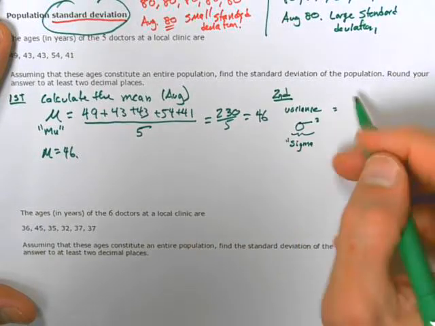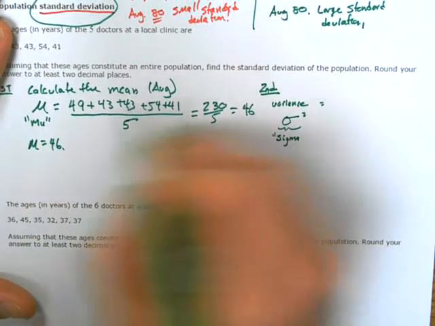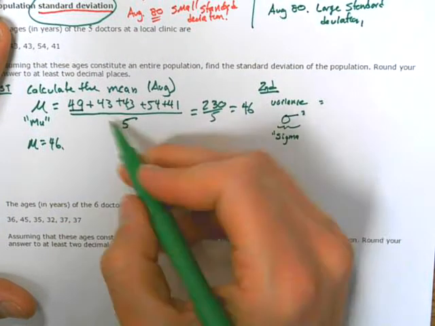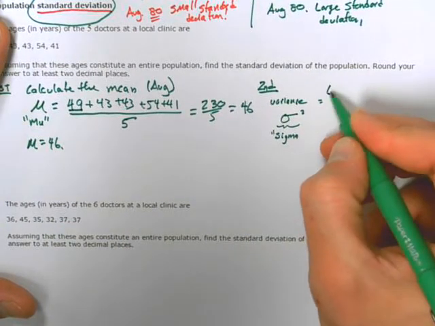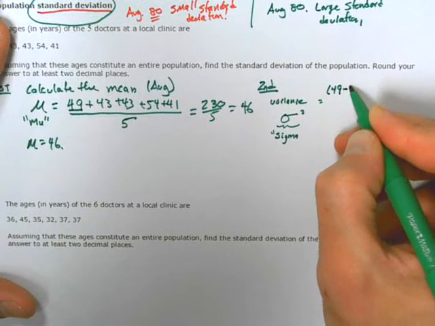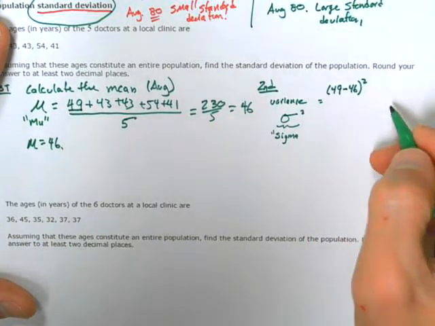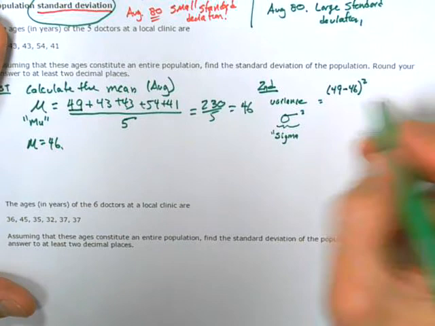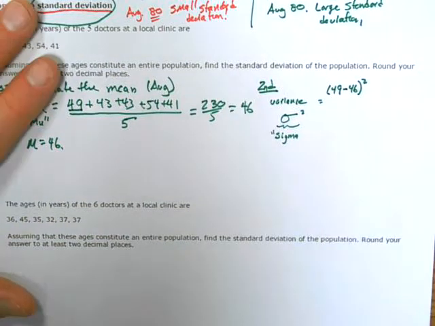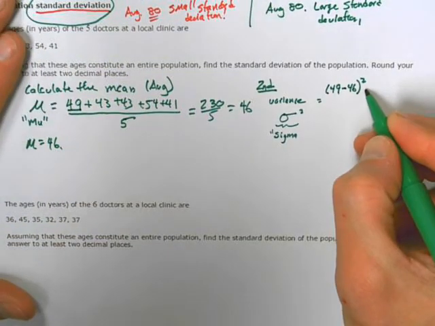So I'm going to take each data value and subtract it from the mean. So it's going to be 49 minus 46, and then I'm going to square that difference so that the difference, if it's negative, will become positive, and if it's positive, it just stays positive. Then I have to do that for all the data.